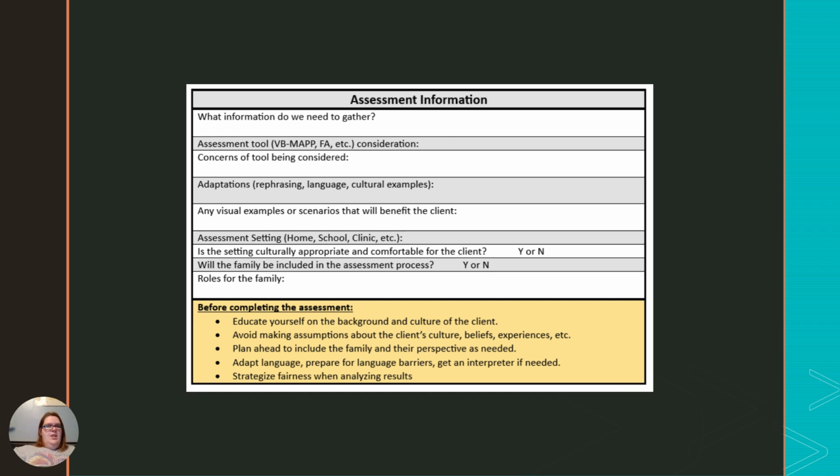Assess the setting. Where is the therapy going to take place? Is it culturally appropriate? Is it a good place to be for the therapy? Is the family going to be included in this process? And in what ways? How are we going to make sure that that family feels comfortable being included in this?